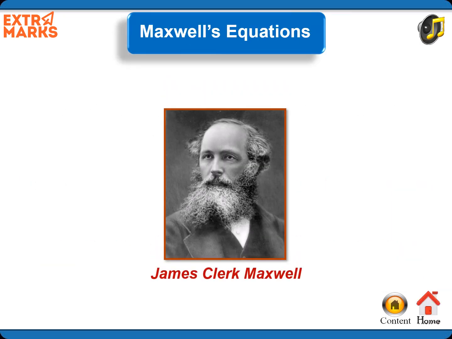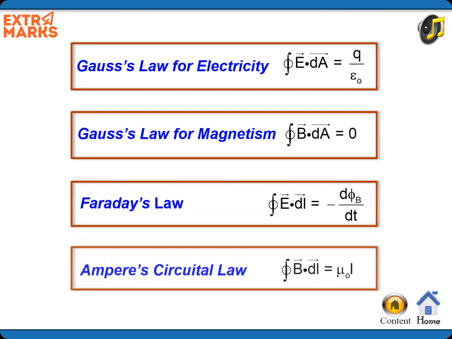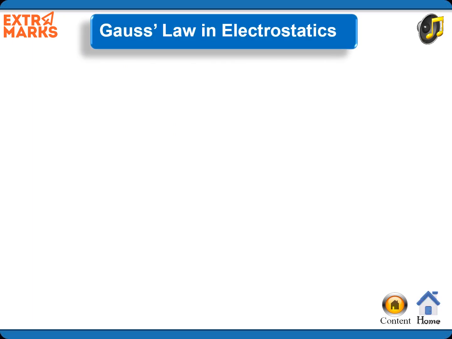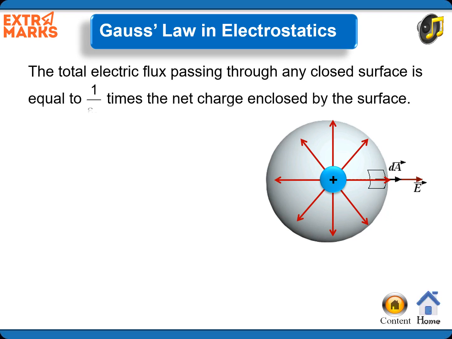Maxwell gave the set of equations governing the fundamentals of electricity and magnetism. Gauss's law in electrostatics states that the total electric flux passing through any closed surface is equal to 1 upon epsilon naught times the net charge enclosed by the surface.